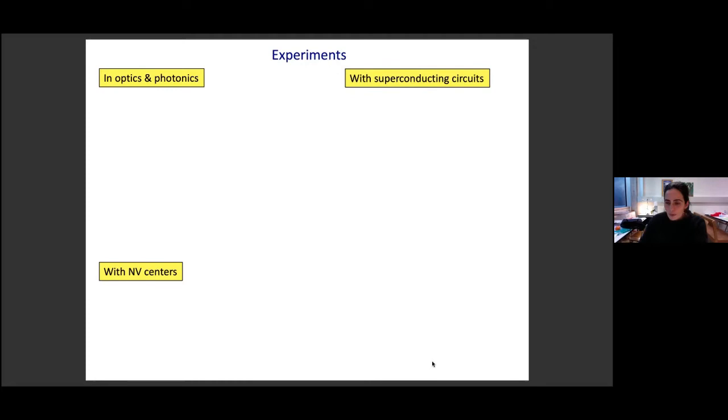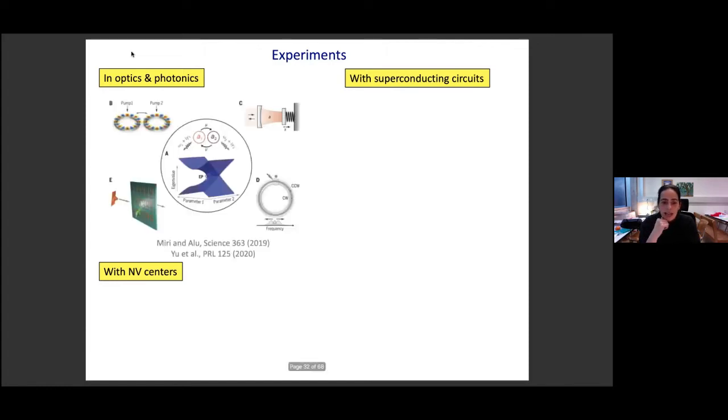But before, I would like to briefly mention that exceptional points are a topic that has attracted lots of interest in the past years, and it's quite nice because there have been numerous experiments with different platforms, which I mention here. These are, for instance, with optics and photonic systems.